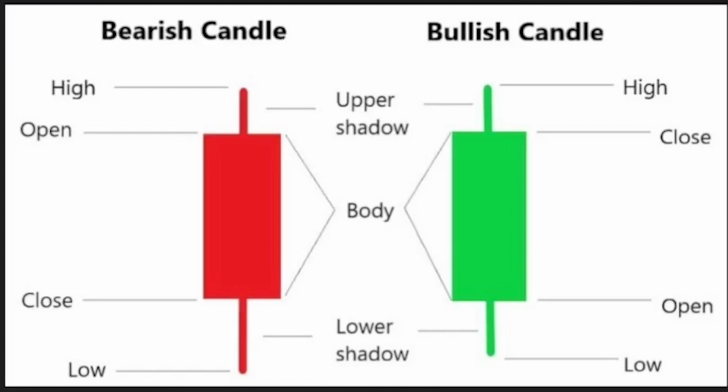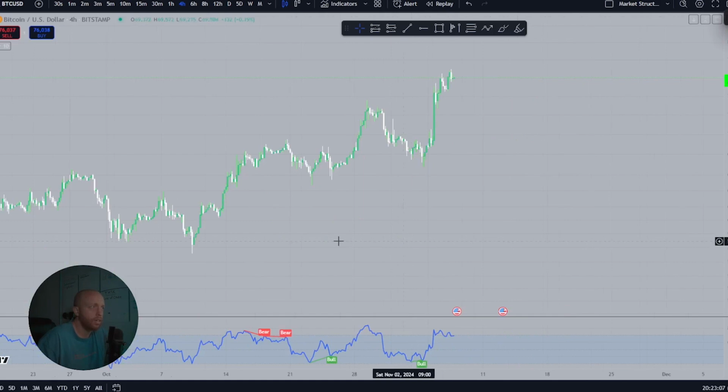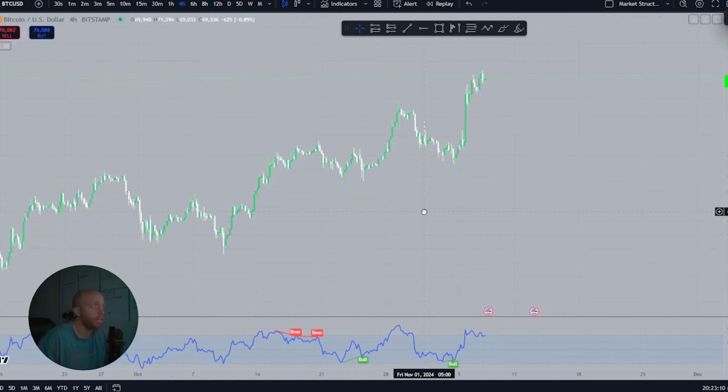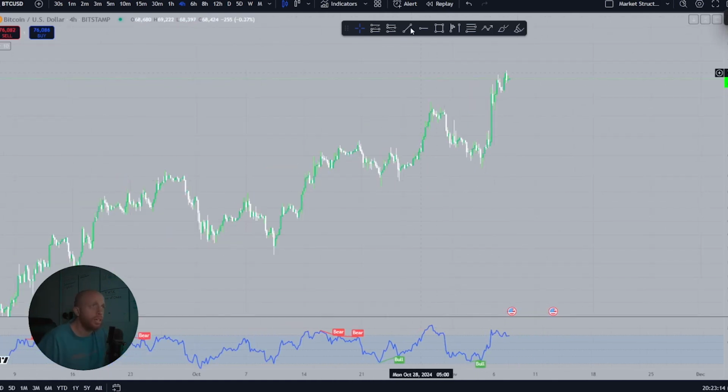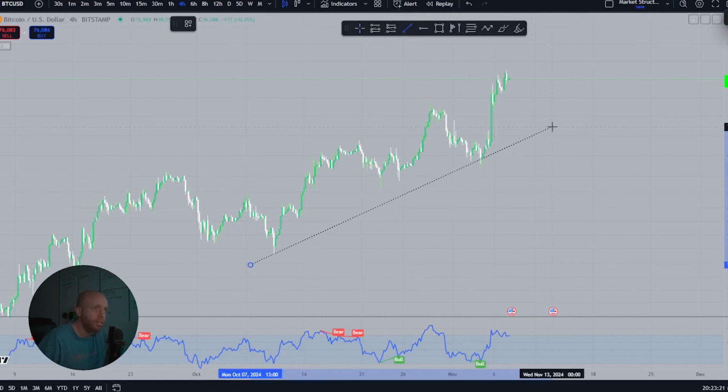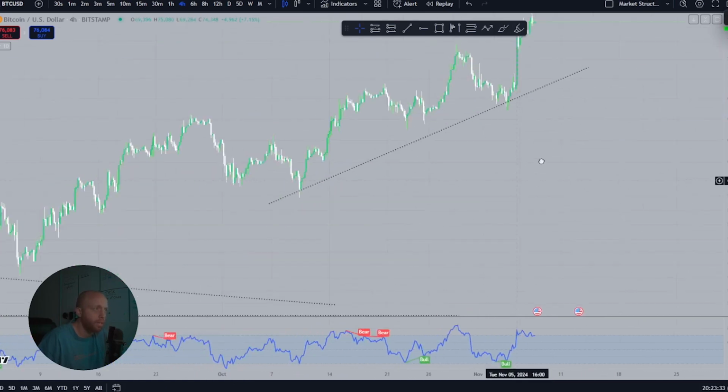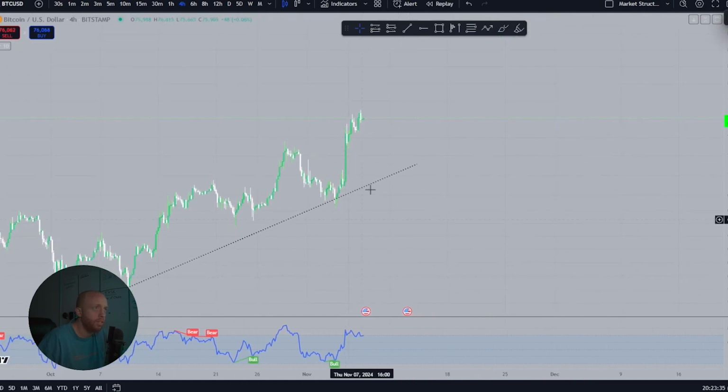Once you understand the candles, you can start drawing trend lines. What I like to do when drawing a trend line is connect as many bodies as possible, not the wicks. You can disregard the wicks and just connect the bodies. What that will tell you is we're on an uptrend.